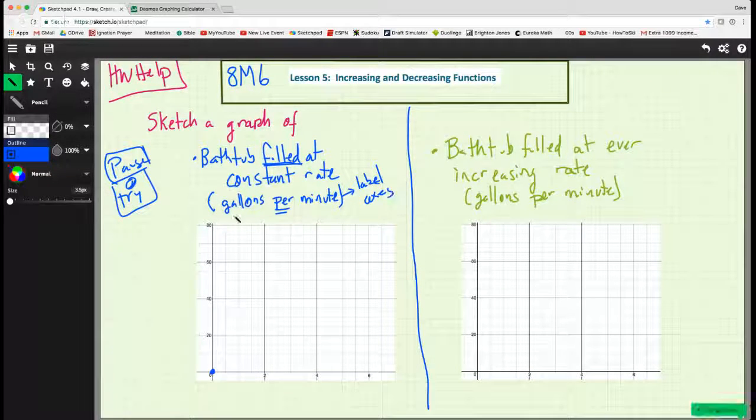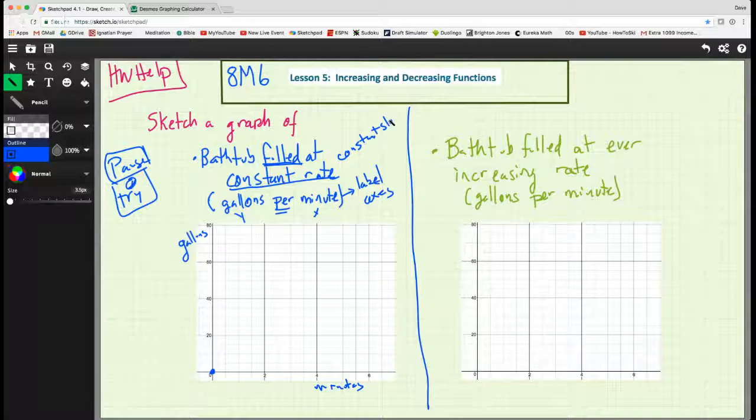So y over x, y per x. So these are gallons and these are minutes. Okay. So if it's a constant rate, that means a constant slope. That means it's a straight line.